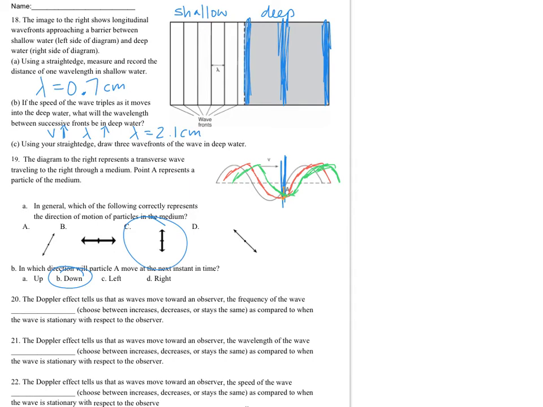If you focus on where these waves intersect with this blue line, you're going to notice it goes further and further down overall on the wave. So at this point, point A, it's moving further and further down.